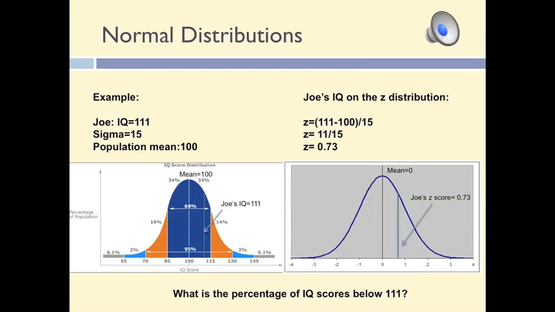Therefore, an IQ score of 111 corresponds to a z-score of 0.73. The next question is, how can we find out how many scores are below this point? What is the proportion of individuals who have an IQ score below 111 or below a z-score of 0.73? In other words, what is the area under the curve on the left side of this score?